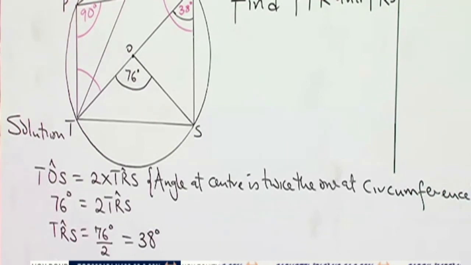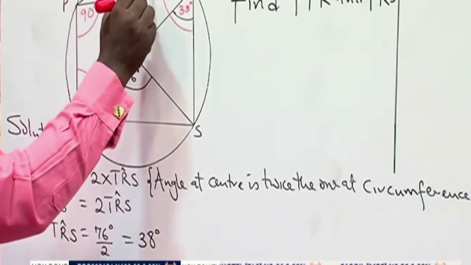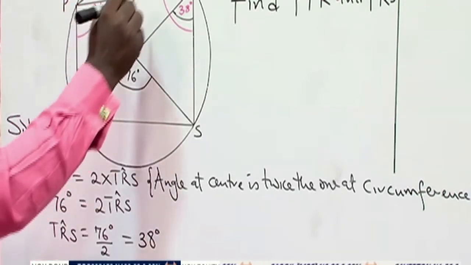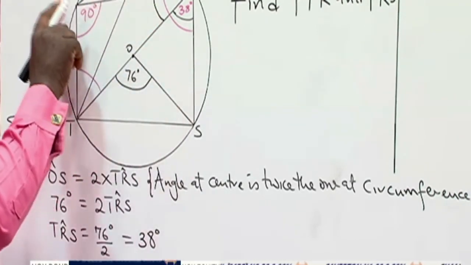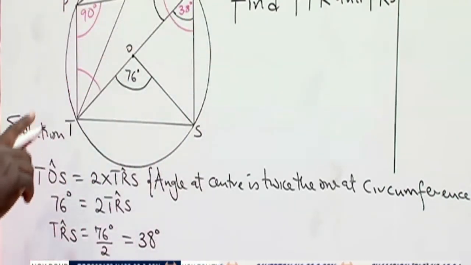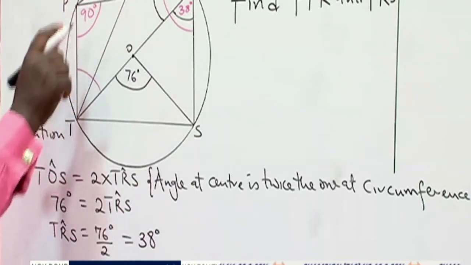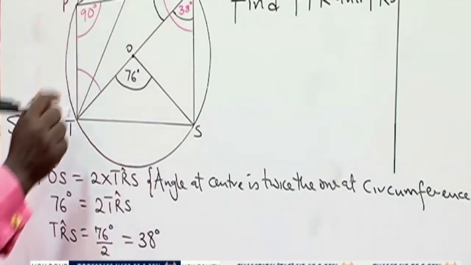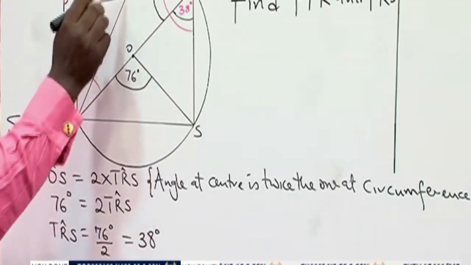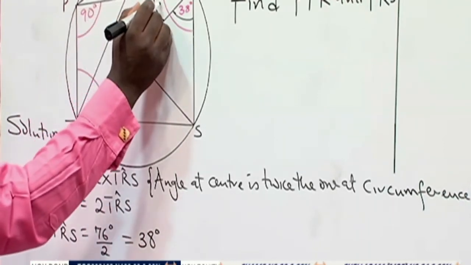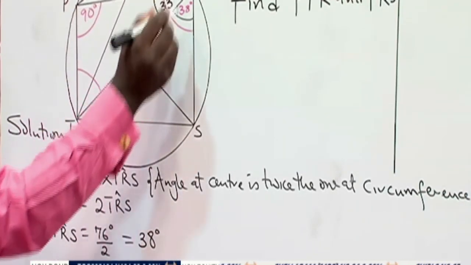Now at this point, looking at this particular angle here, that is angle PRT. Angle PRT and angle TQP, both of them are in the same segment. So this particular angle here will be 33 degrees.